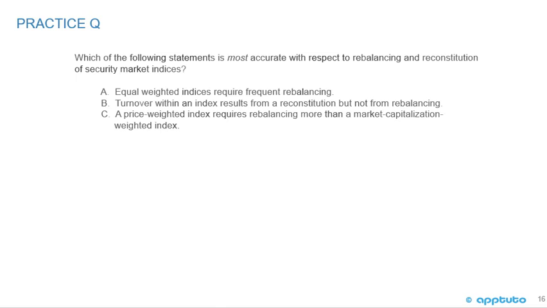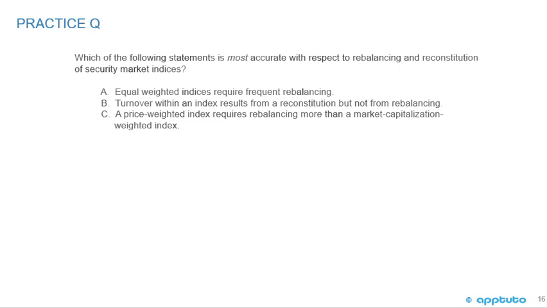Another quick practice question. Which of the following statements is most accurate with respect to rebalancing and reconstitution of security market indices? A. Equal weighted indices require frequent rebalancing. B. Turnover within an index results from a reconstitution but not from rebalancing.